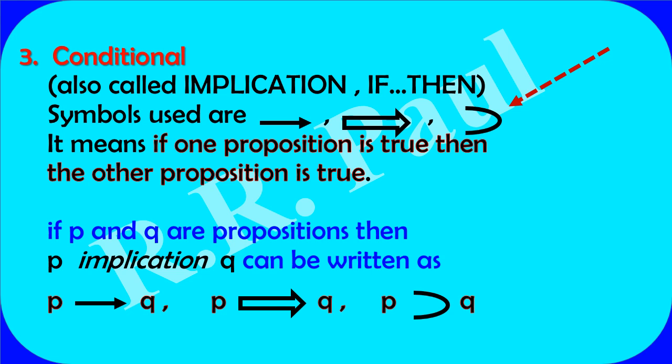And it means if one proposition is true, then the other proposition is true. Which means if P and Q are propositions, then P implication Q can be written as shown on the screen.